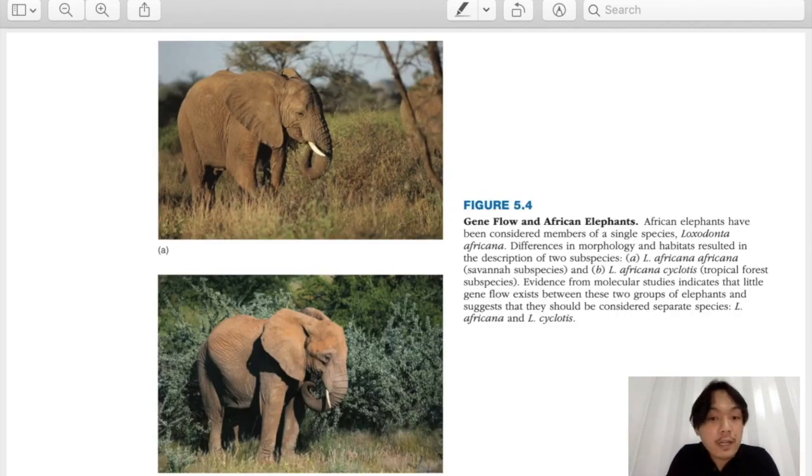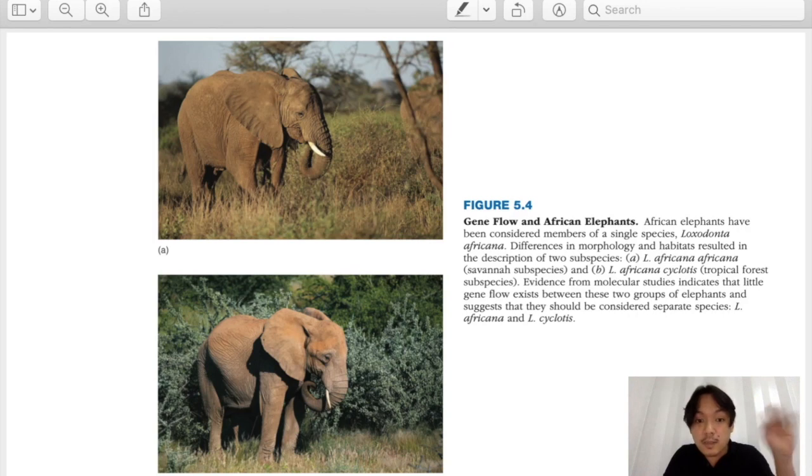Gene flow for African elephants. Look at the A and B pictures. African elephants have been considered members of a single species, Loxodonta africana. Differences in morphology and habitats resulted in the description of two subspecies.